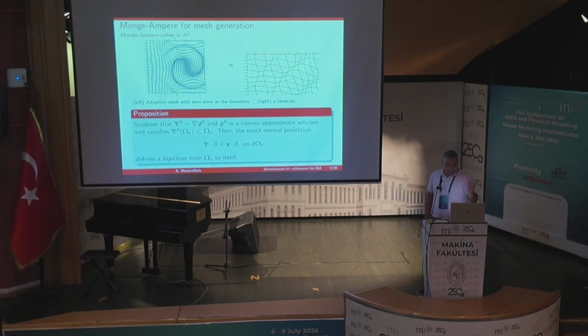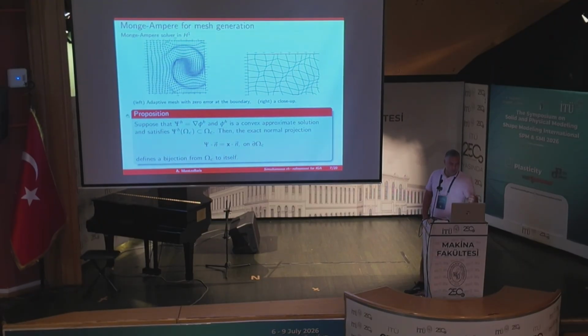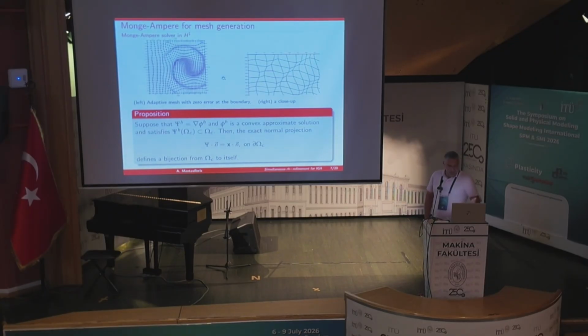And in that case, we can recover the one-to-one mapping. And we could actually show with a small proof that when we do this boundary correction, the map remains a bijection. So we can still use this map to relocate the nodes without any problems in our Jacobian map.